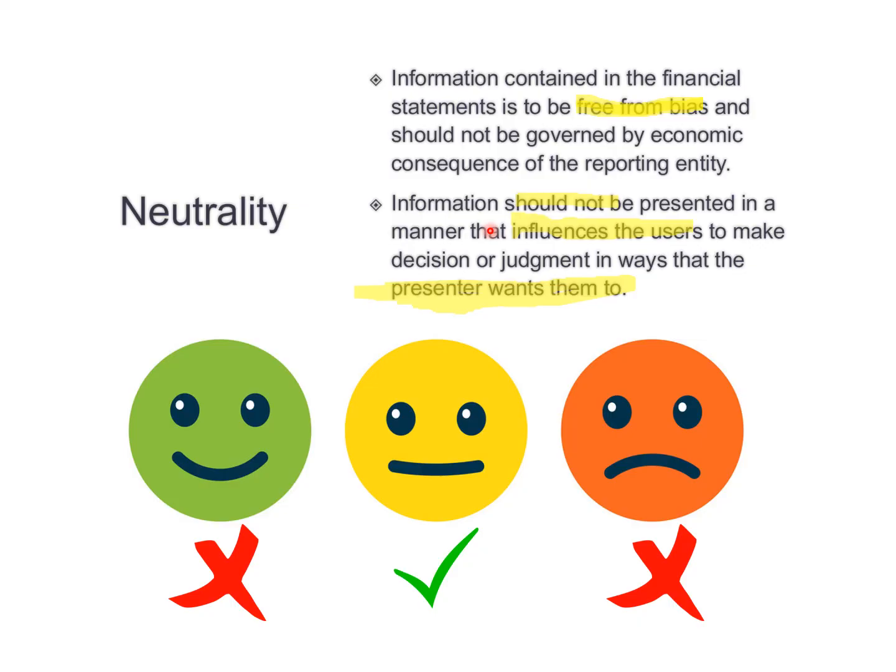Contohnya macam kalau you ada satu company, you disclose yang you punya staff adalah very skillful, yang pandai buat kerja. So, you letak value of your staff tu let's say 500,000.